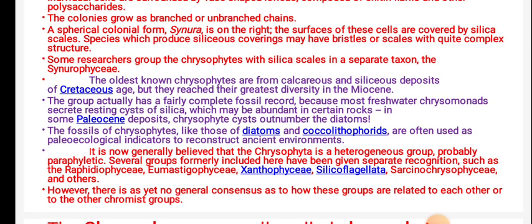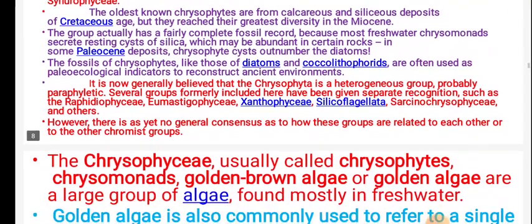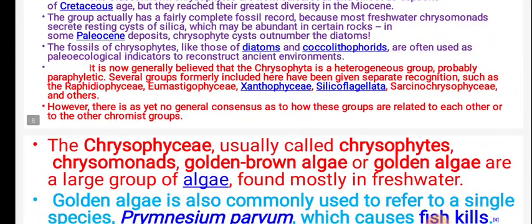The Miocene period is there, so fossils are recorded from this period also, as there are some diatoms and coccolithophorids. Litho means with reference to rocks. So paleoecological studies also give information about this genus.